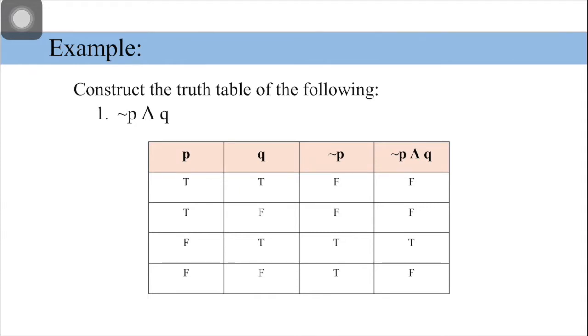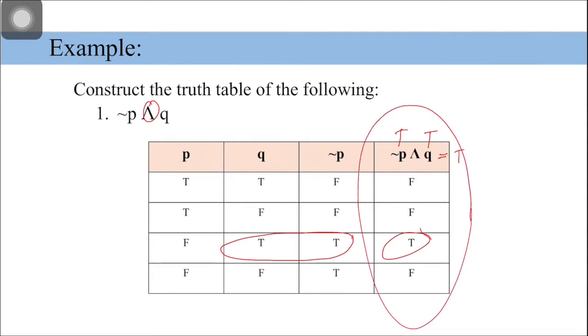So, this is like making an AND true, right? Your P must be true and your Q must be true for the resulting sentence to be true. Otherwise, it is false. So, this is the final answer.